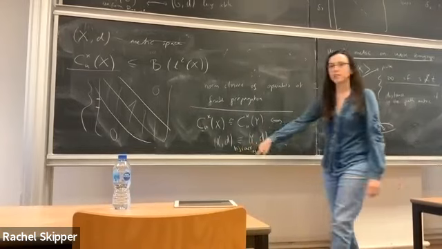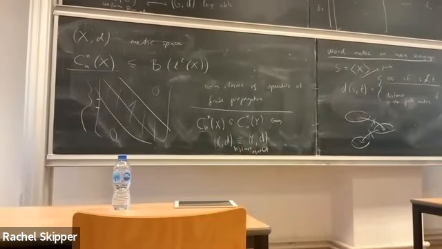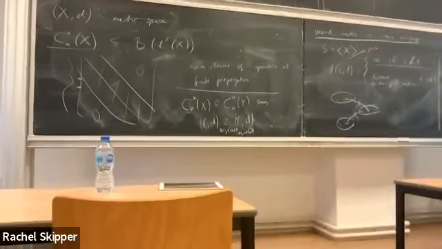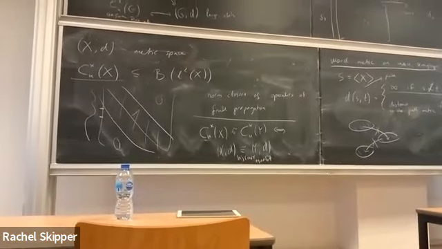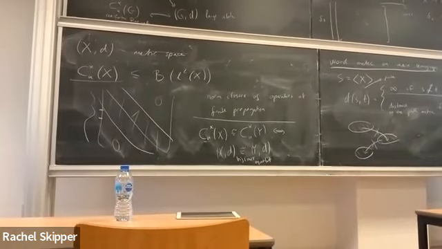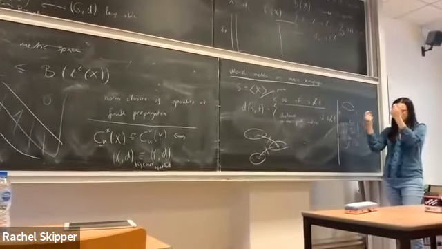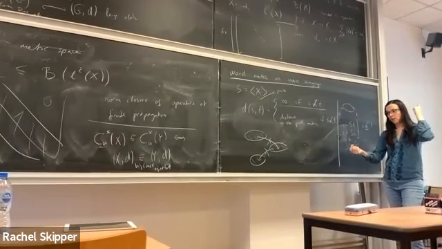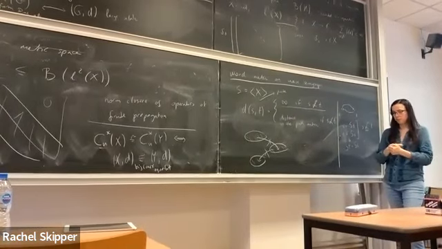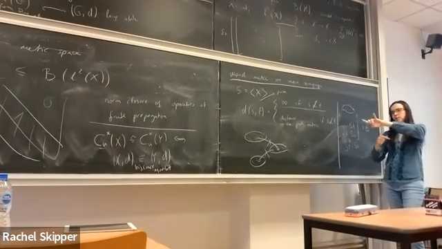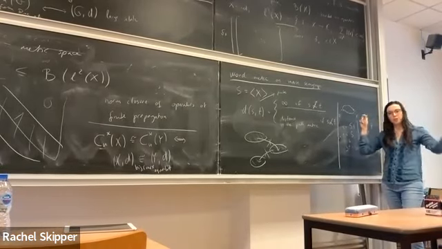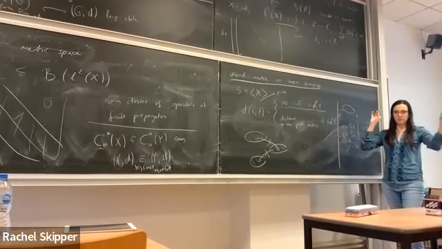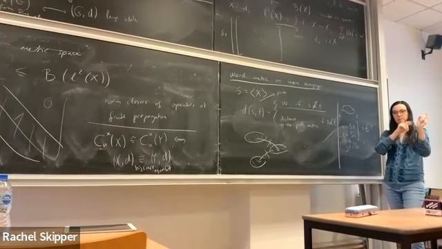So bijective, you understand what coarse equivalent is. I assume everybody knows what quasi-isometry is. If you take the definition of quasi-isometry, you have a map between the two spaces where the distances of the images can be bounded by linear functions of the distances of the pre-images.